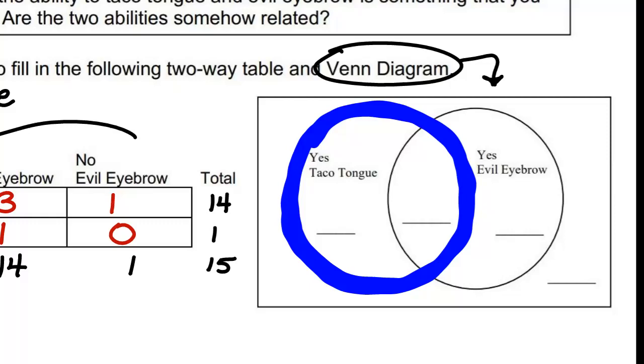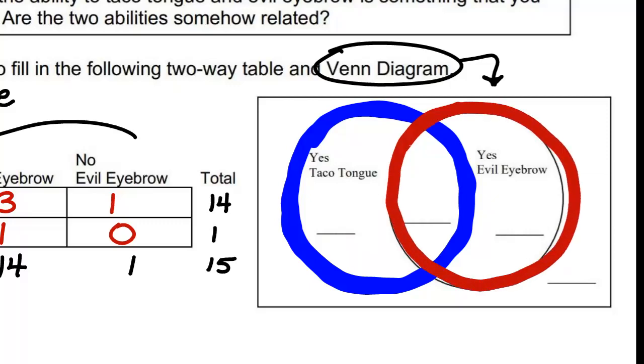And anything inside this circle over here, these are all the people that said yes, they can evil eyebrow. So again, I'd have to add these two numbers together to get the total number of people that say they can evil eyebrow. So each of these circles is like a row total or a column total.